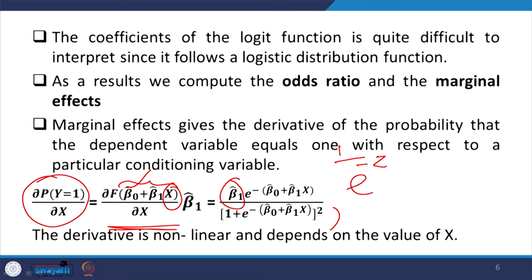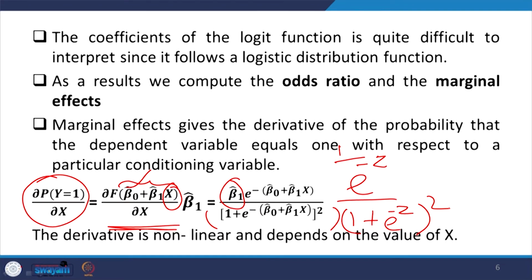In terms of the square, it is in the denominator, and in the numerator it is simply e to the power minus z, over 1 plus e to the power minus z, the whole squared. So, this is what we have derived.